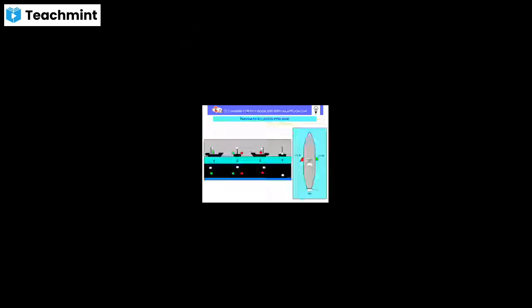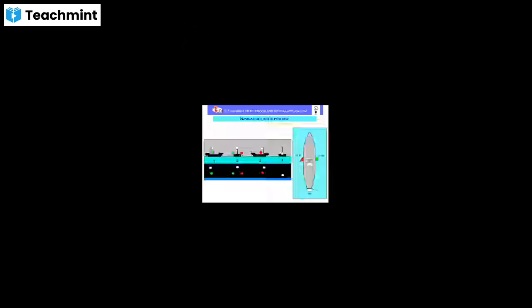For the navigation, there are colored lights installed on the boat or vessel boat. So this is the navigation light for ship. There is a light configuration along with the pictures where they show the position of the boat.